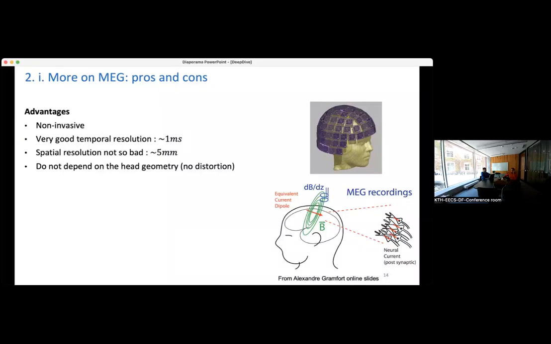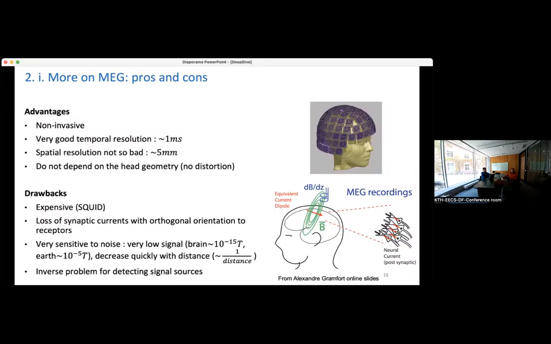It does not depend on head geometry, because basically the magnetic field crosses the brain without being disturbed, or not so much disturbed, whereas with EEG, the electrical field is very disturbed by the different conductances that you have in the brain. So it's hard to do what we call source reconstruction.